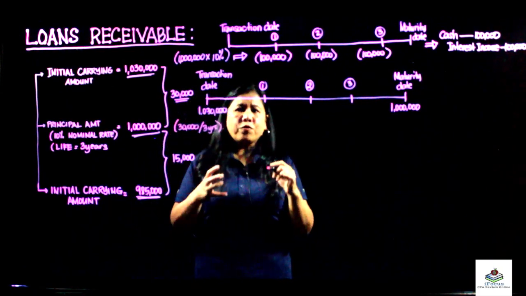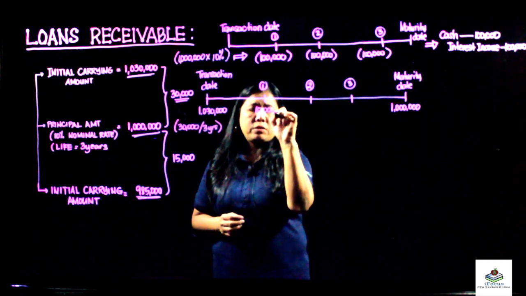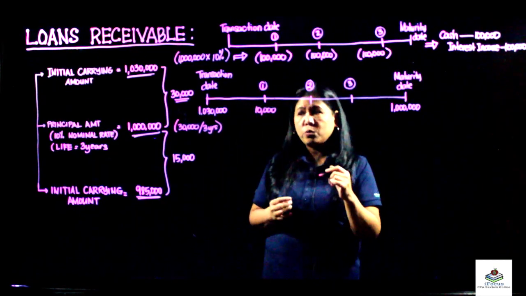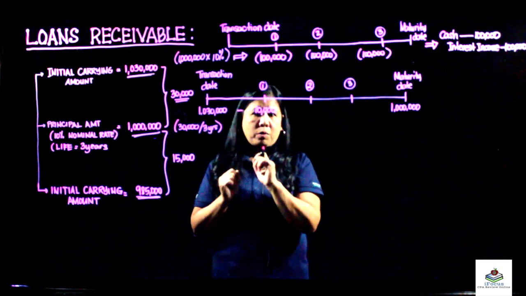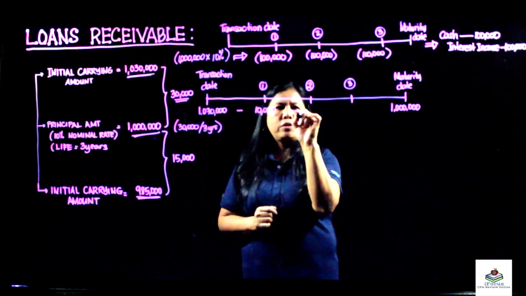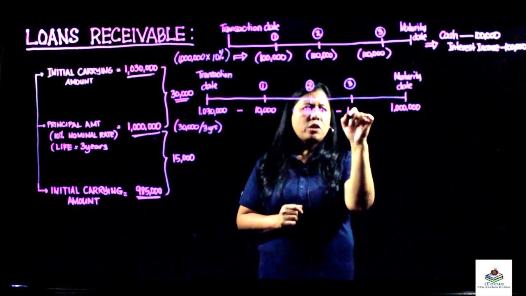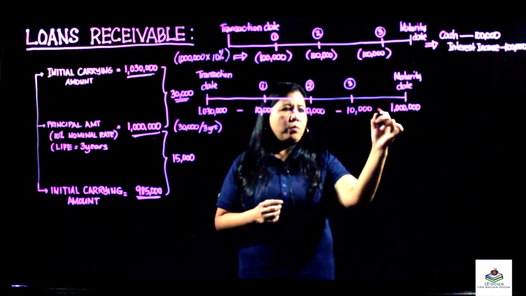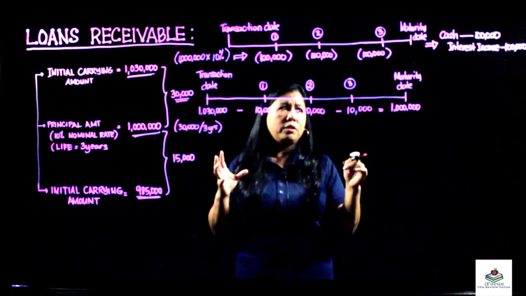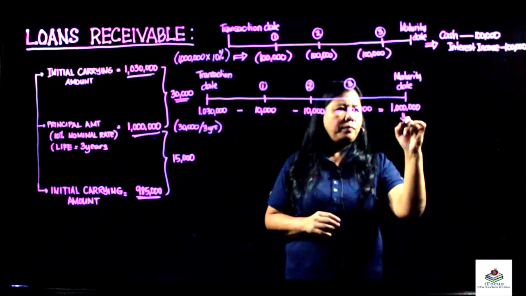So on the first year, we will have an amortization of 10,000. And this 10,000 will be deducted from the carrying amount of your loans receivable. Then minus another 10,000 on the second year and another 10,000 on the third year. Then we will have 1 million on the maturity date as the principal.